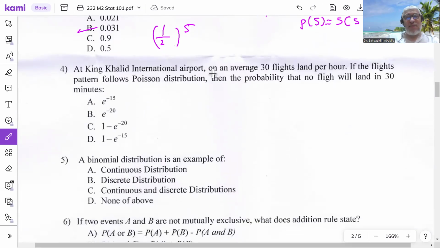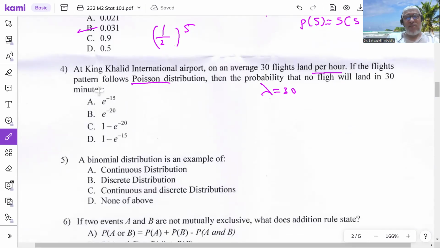At King Khalid International Airport, on average, 30 flights land per hour. Per hour, so this is a Poisson distribution, and this is lambda, and the segment here is an hour. So T is in hours.